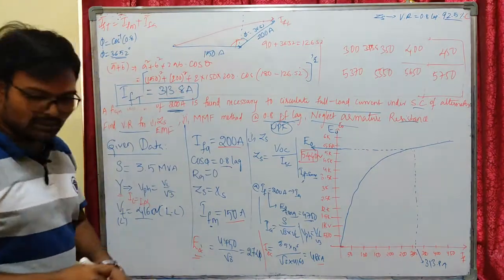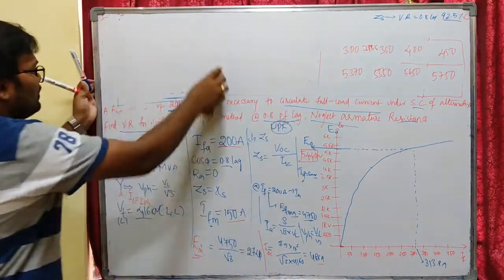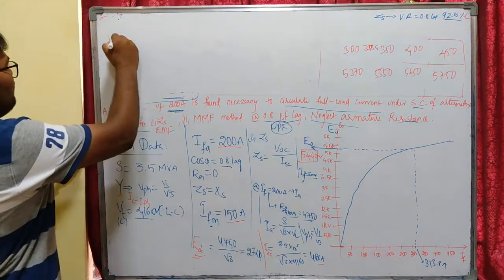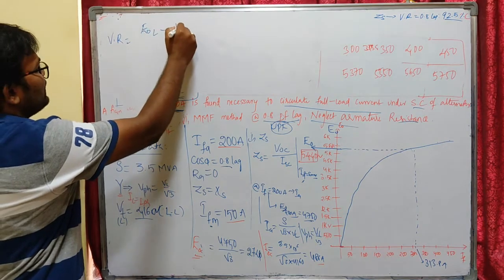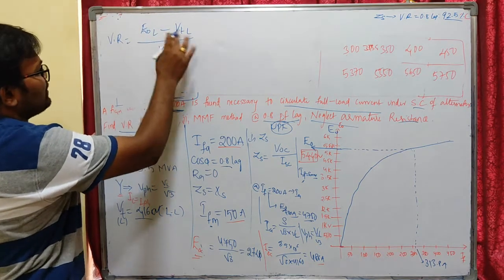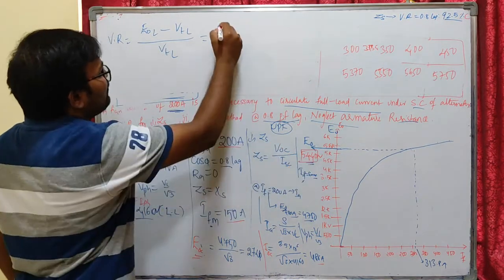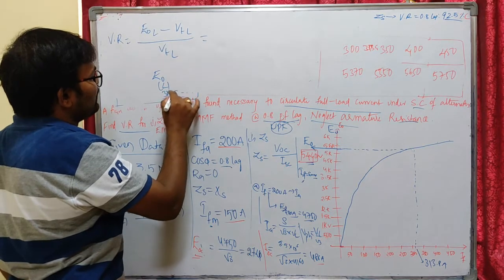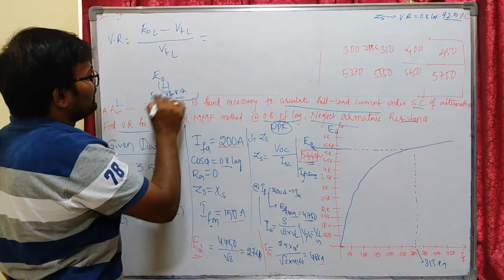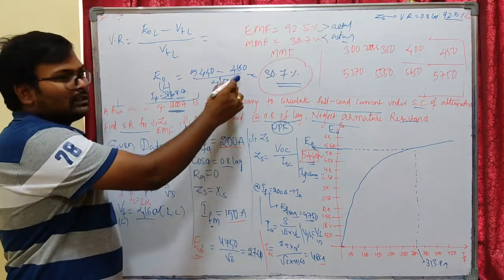Let us find the voltage regulation here. Voltage regulation is equal to E naught line voltage minus VT line voltage, divided by VT line voltage, because the line ratio will get cancelled. The E naught line voltage we obtained for 313.8 amperes of field current is 5440, minus the terminal voltage 4160, divided by 4160.